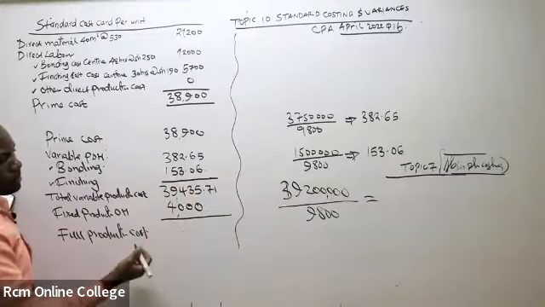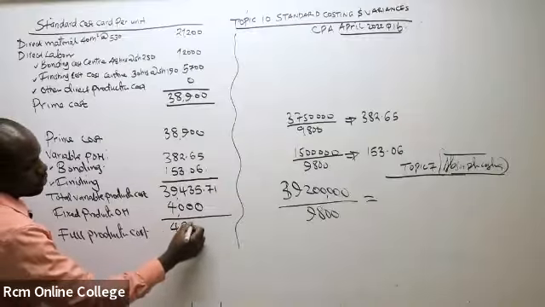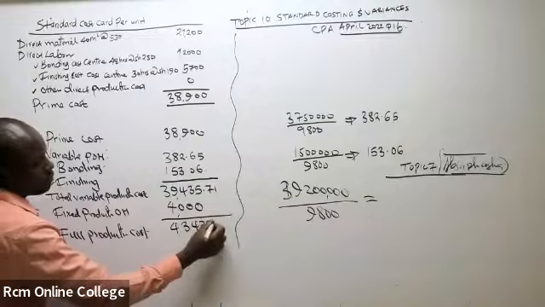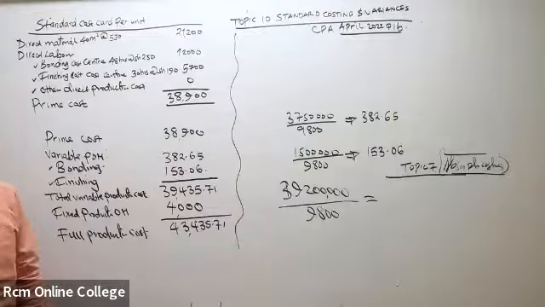So what are you getting? Is it 43,435.71?